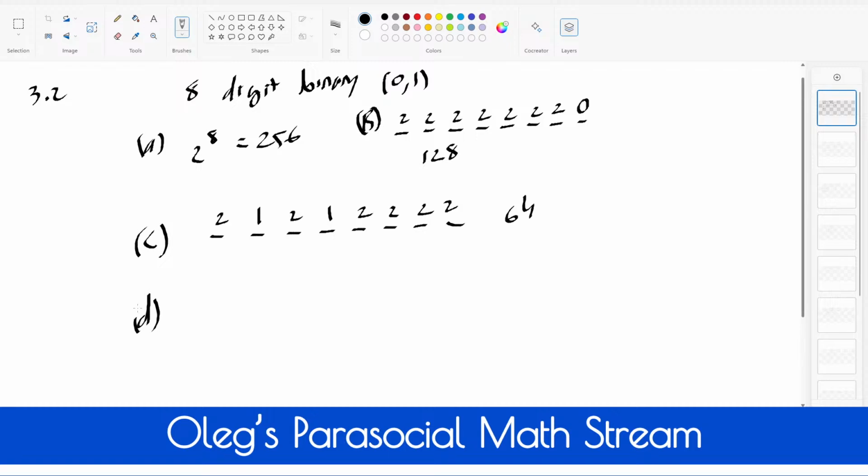And D. Again, bear with me. I'm solving this, so I don't know if I'm going to get it right or wrong. If I get it wrong, though, I'll work through it and fix it. How many strings have ones for their second or fourth digits? Okay, so then we have only second or only fourth.